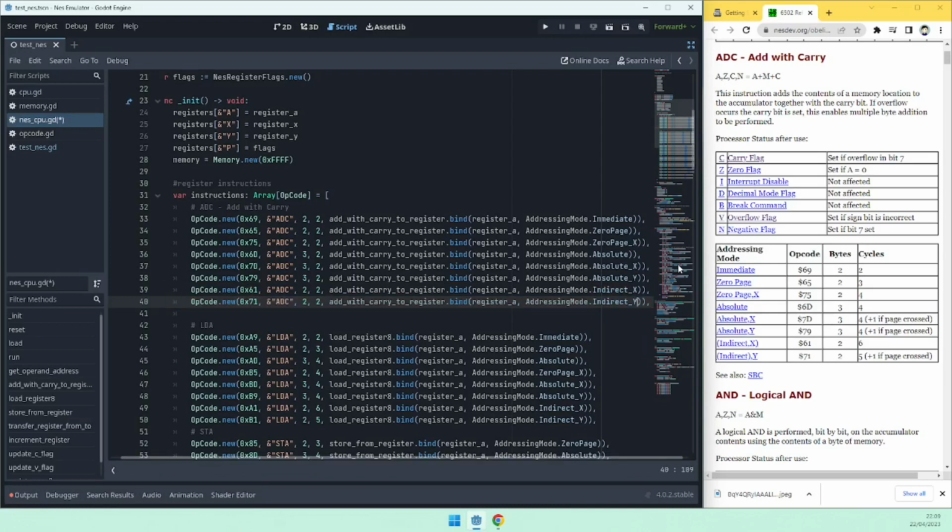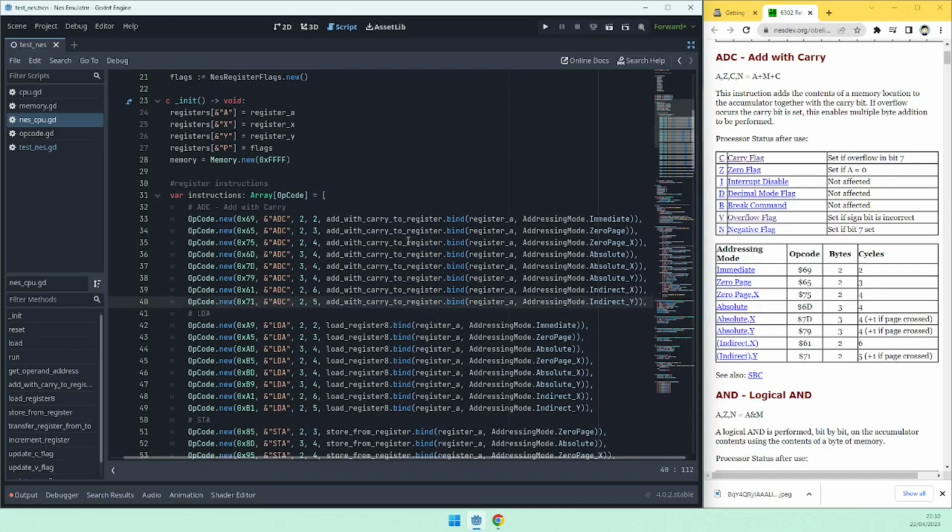And the last thing I have to fix is the cycles. So cycles is 2, 3, 4, 4, 4, 4, 6, and 5. Okay, this should be all.